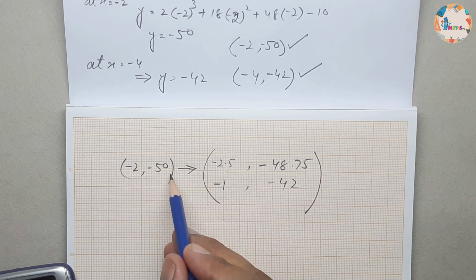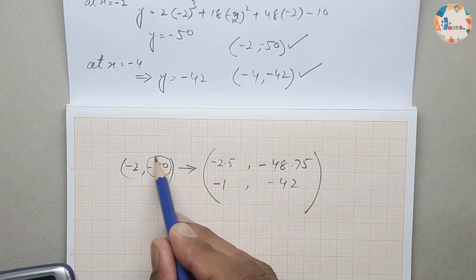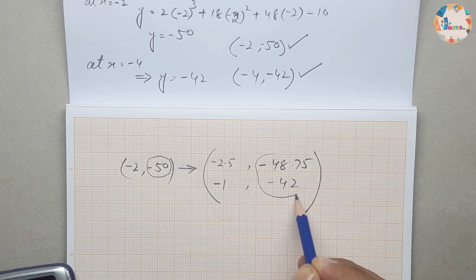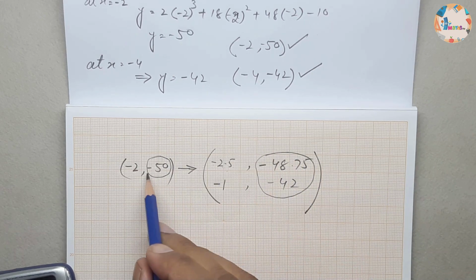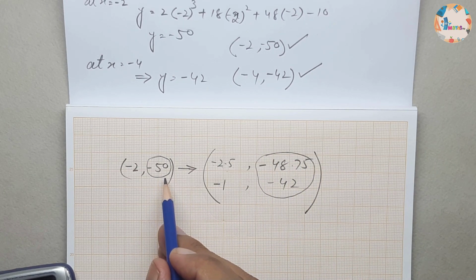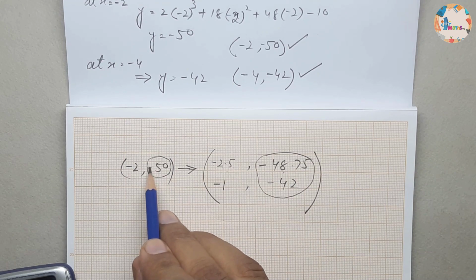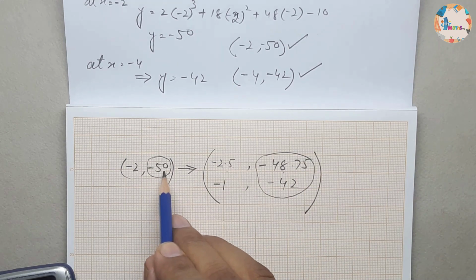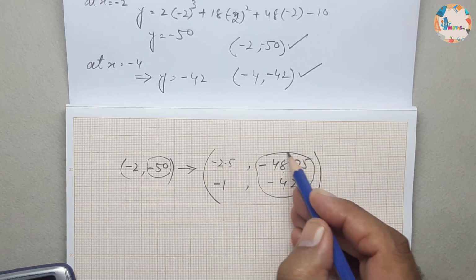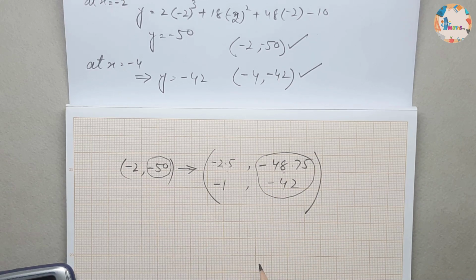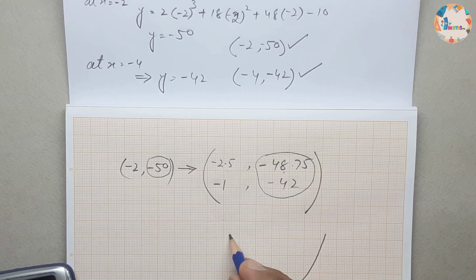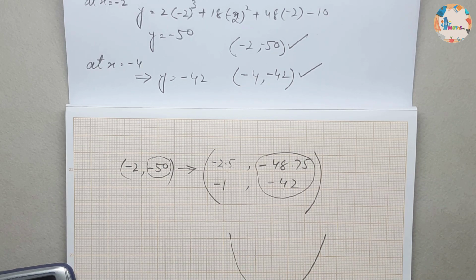If we compare this minus 50 and these 2 y values, minus 50 will be lower than these 2 values. Because this is negative, minus 50 is lesser as compared to this. It means this point is at the lower level, like this one at this point.